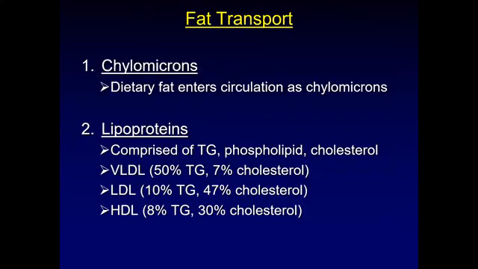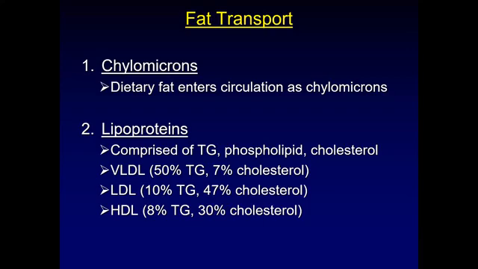You guys remember, we break down triglycerides in adipose tissue using these lipase enzymes into free fatty acids and glycerol. We have to have a way to transport those fat molecules in our blood. Blood is a majority water, and fat and water do not go together.